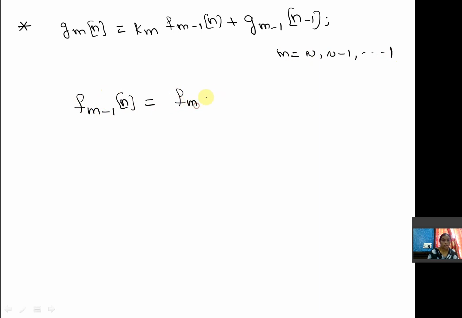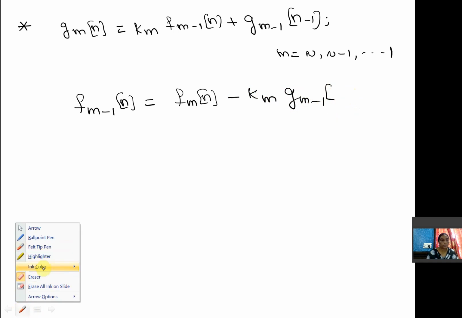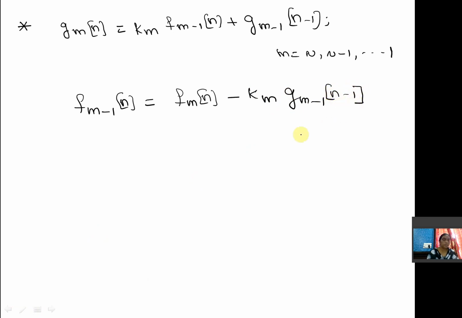Already written in the previous slide, minus Km Gm minus 1 of n minus 1. Here also m is n to 1.